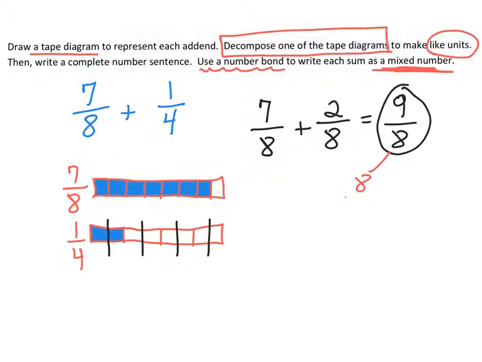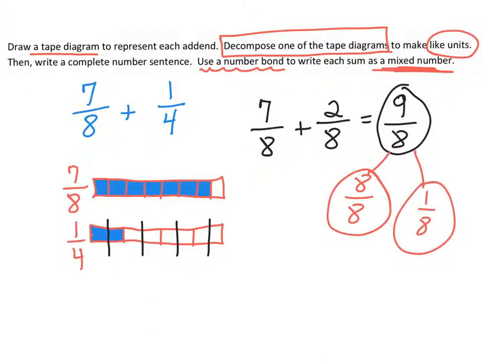And the whole is 8/8. And what are we left with? We're left with 1/8. So now let's put this together. 8/8 is 1 whole and a fraction. So now we have a mixed number, and our mixed number is 1 and 1/8. So 7/8 plus 1/4 is equal to 1 and 1/8.